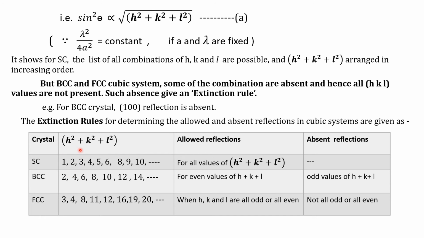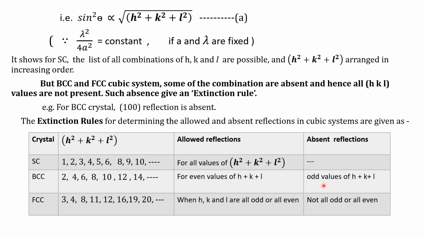That is 1 square plus 1 square plus 0 square. 4: 2 square plus 0 square plus 0 square. 6: 2 square plus 1 square plus 1 square. 6, 8 means all are even values of h plus k plus l. Only such reflections are allowed for BCC.